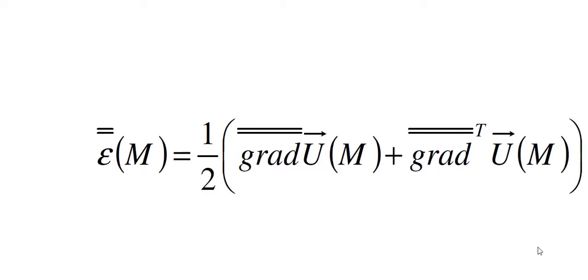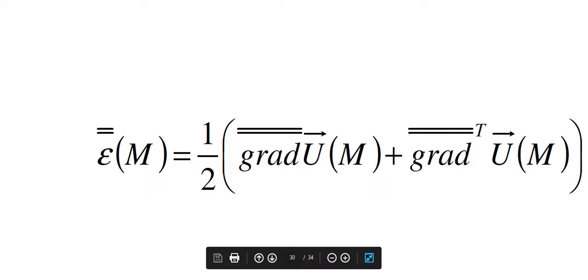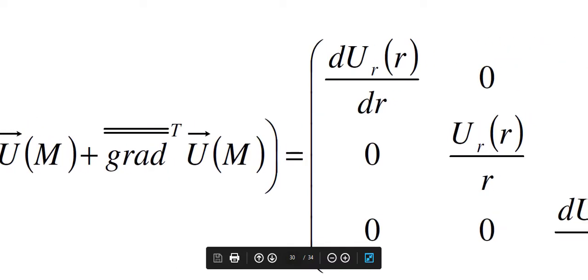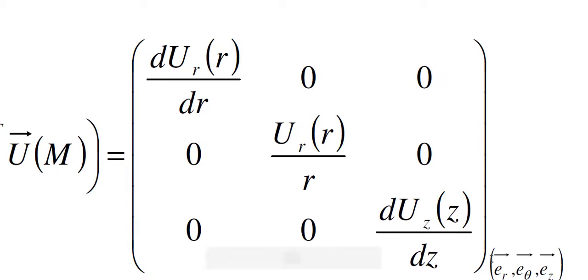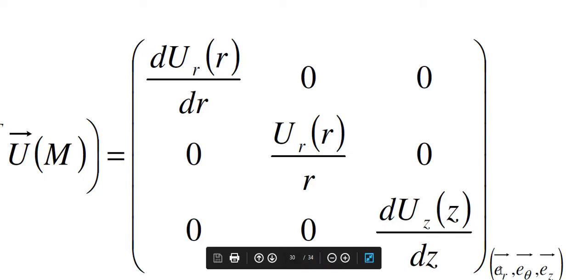We then obtain the form of this linearized deformation tensor epsilon, and as you see, it's a diagonal tensor, of course defined in the cylindrical base e_r, e_theta, and e_z.